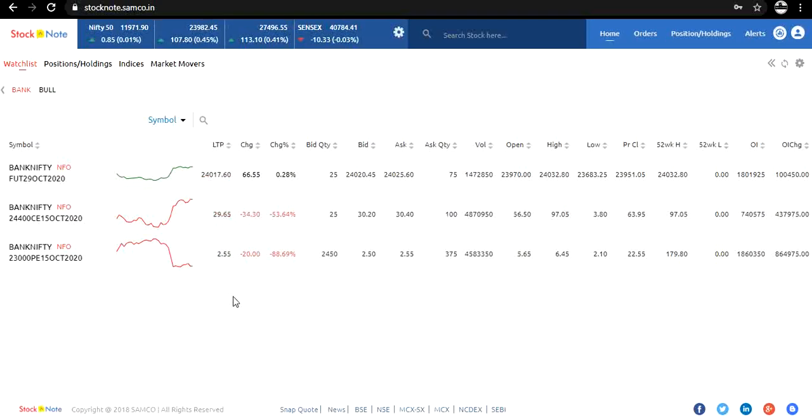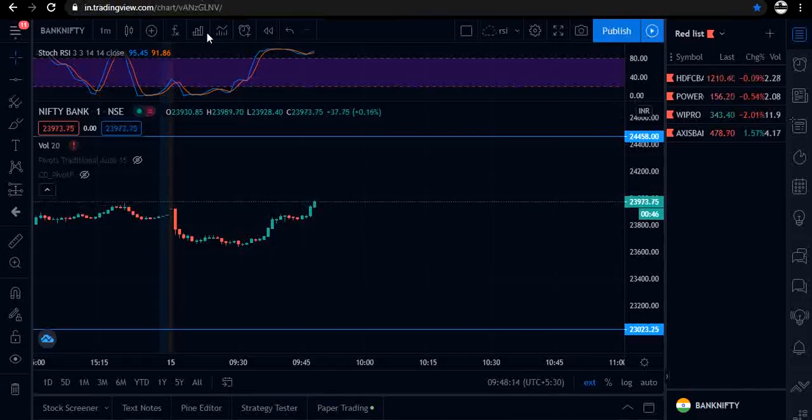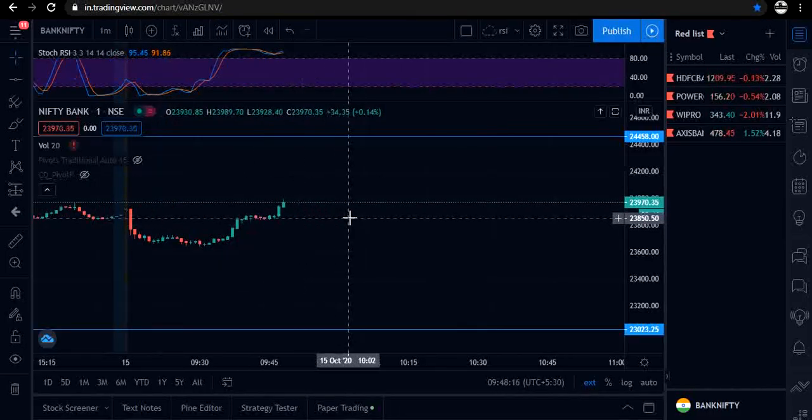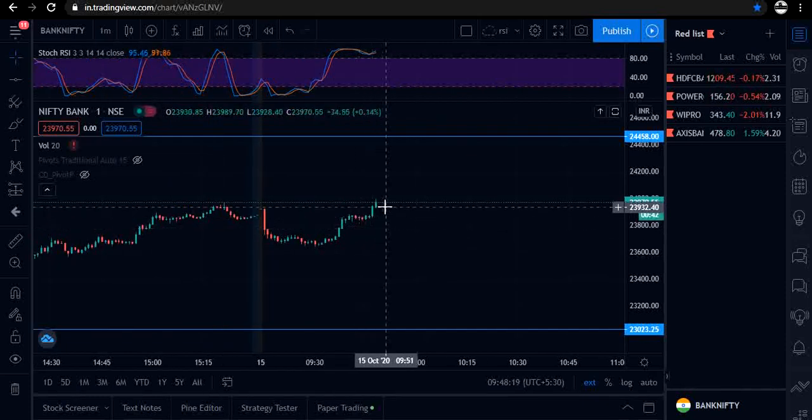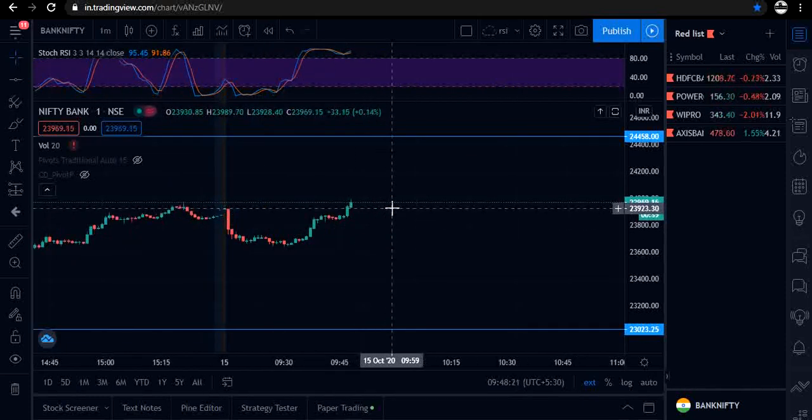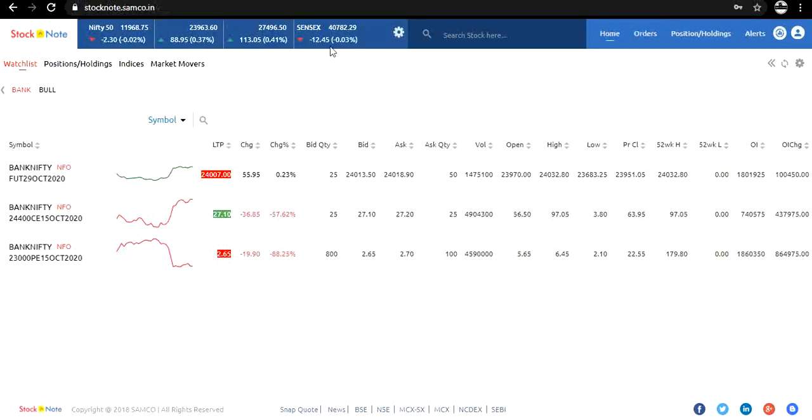Okay traders, but here you can see it has taken good momentum, and currently that option is trading at around 31 points, somewhere near 30 points.